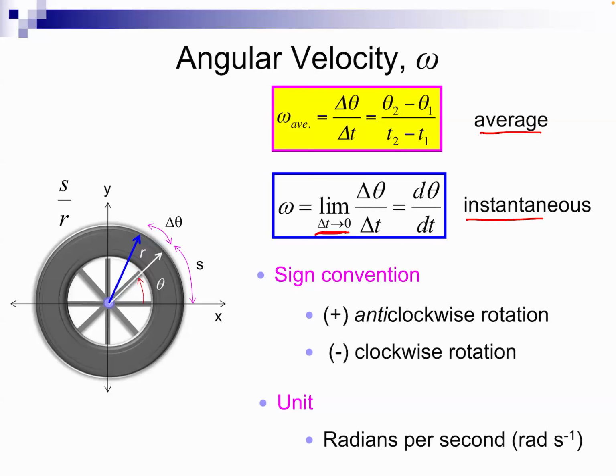Now for rotational motion, it is just a question of whether the object is rotating clockwise or anti-clockwise. We define an anti-clockwise rotation to have a positive angular velocity, and a clockwise rotation to have a negative angular velocity.